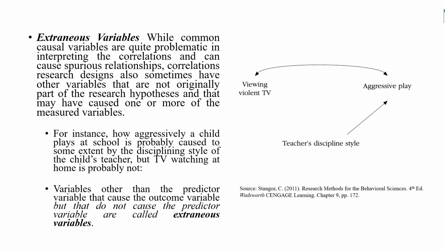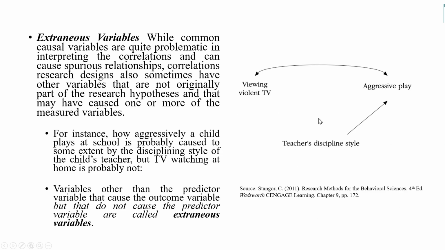For example, how aggressively a child plays at school may probably be caused by the disciplinary style of the child's teacher and not the parent. So, it could be the teacher who is making this influence. The TV watching at home is not creating the problem, it is this extraneous variable.